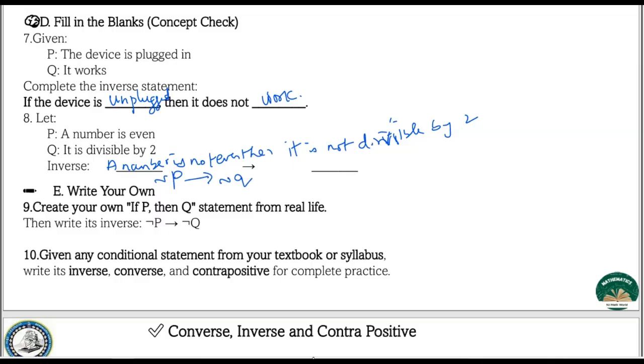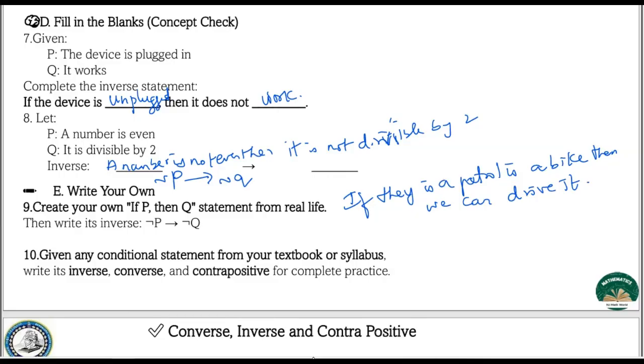Then write your own, or create your own, if P then Q statement from real life. Then write the negation. If there is petrol in a bike, then we can drive it. So what will be the negation?